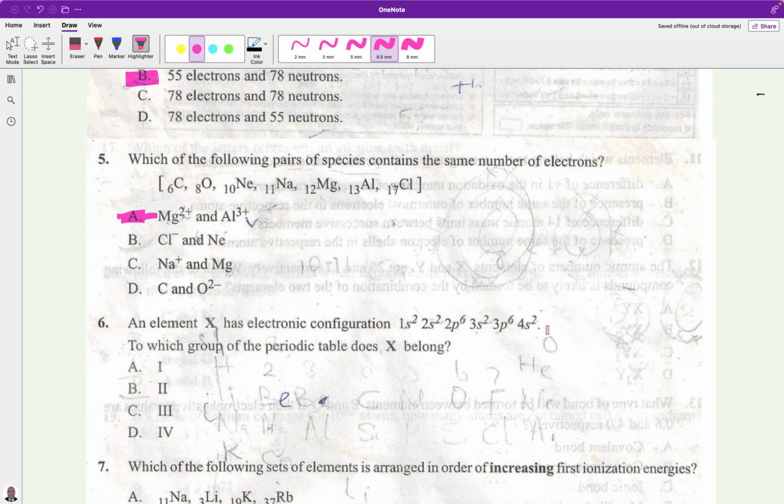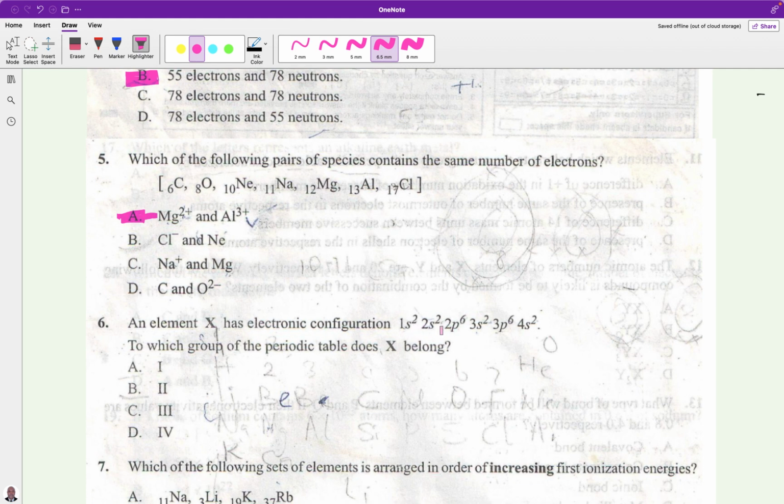So now, to know the group of the periodic table that this one belongs to: this is the first shell, which has 2 electrons.